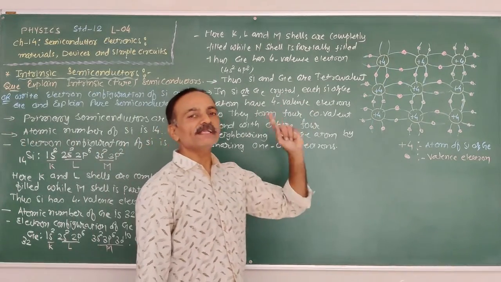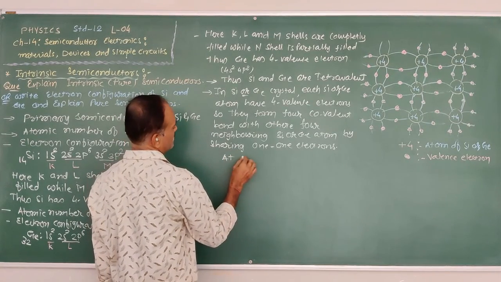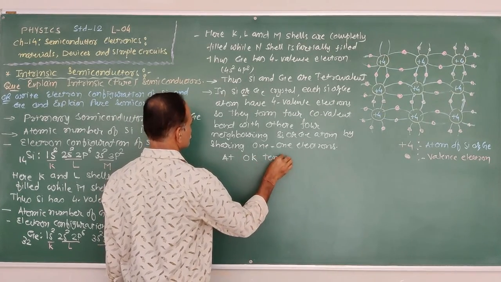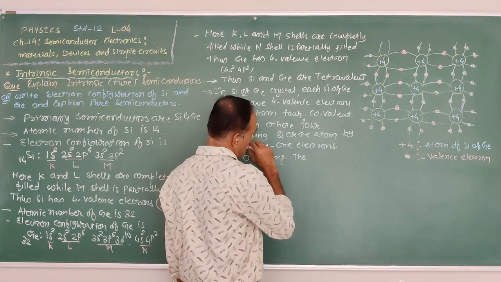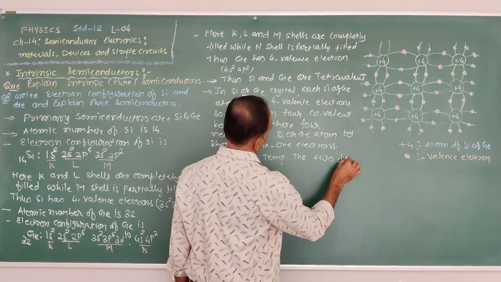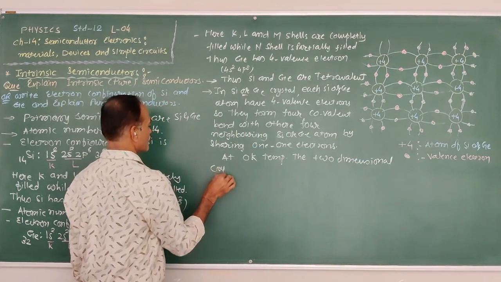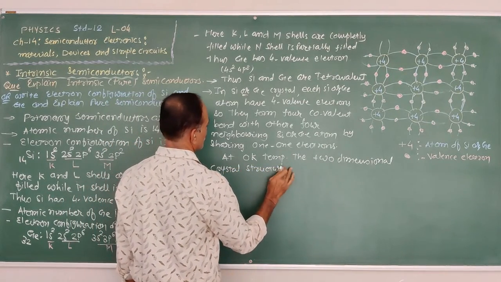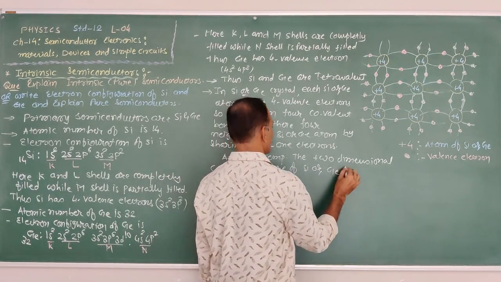Therefore, at 0 Kelvin temperature, the two-dimensional structure of the crystal of silicon or germanium is shown in the figure.